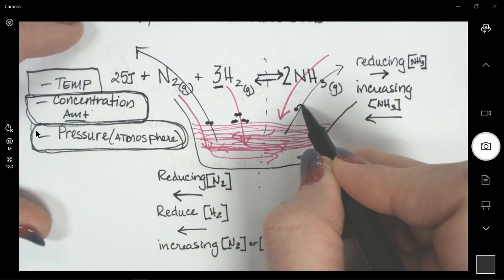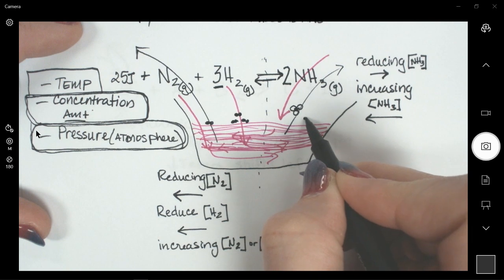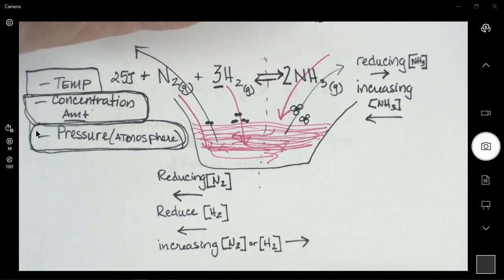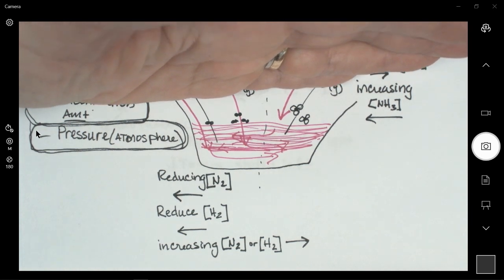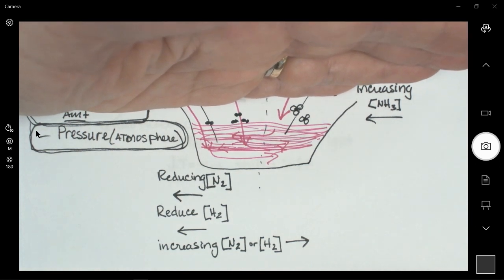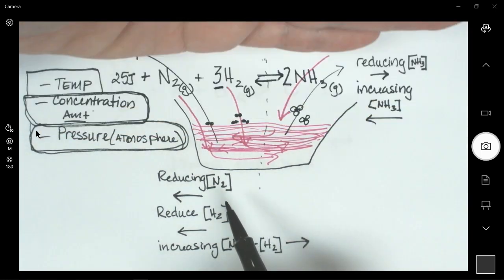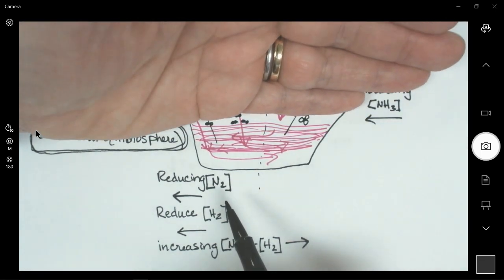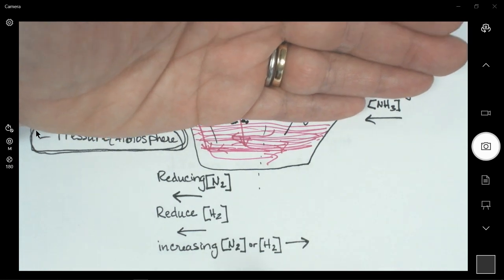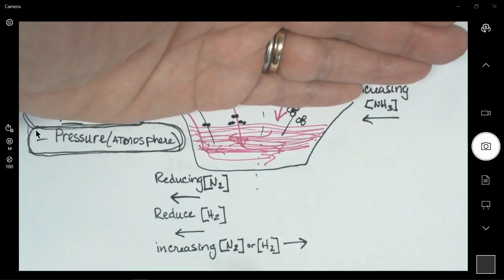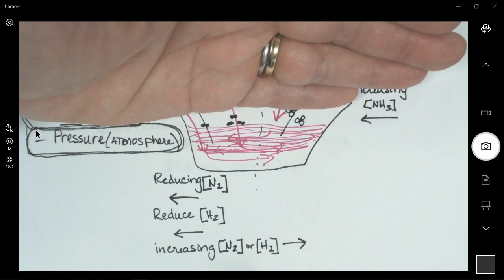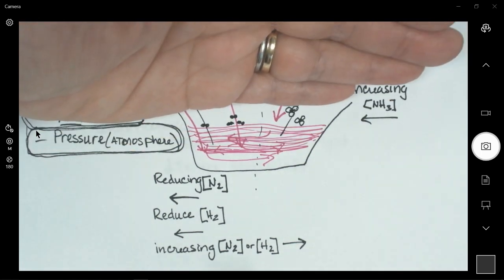And we have an NH3 and an NH3. And think of pushing down on it with a piston. If you were to push down on these particles, which way would they go to maintain as close as they can get to equilibrium?